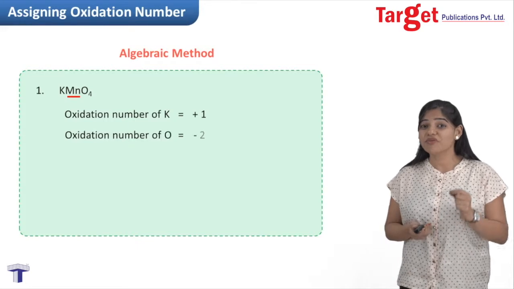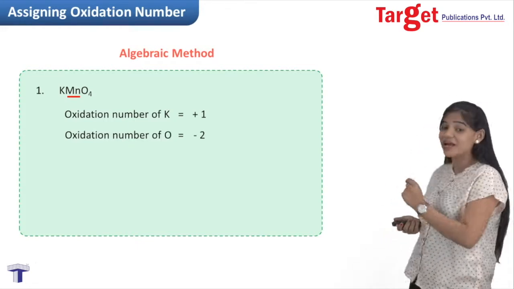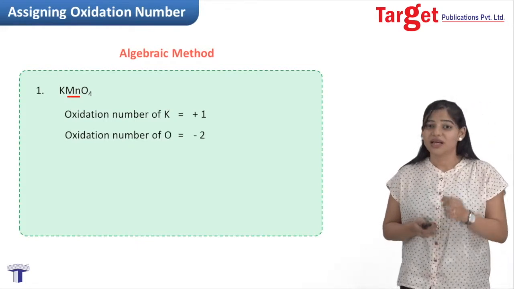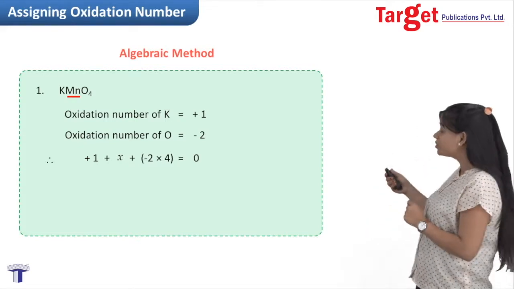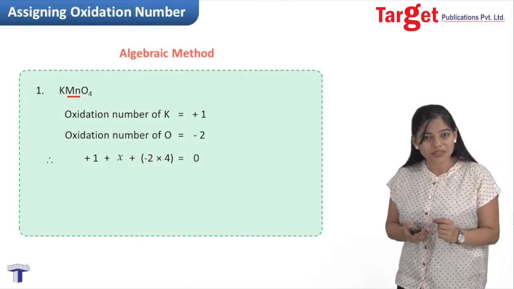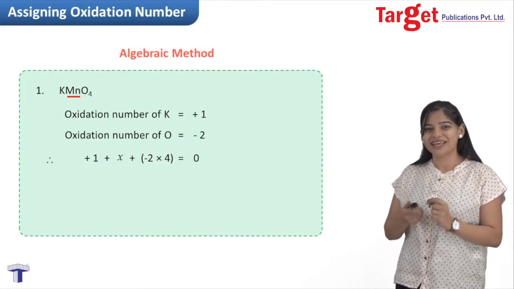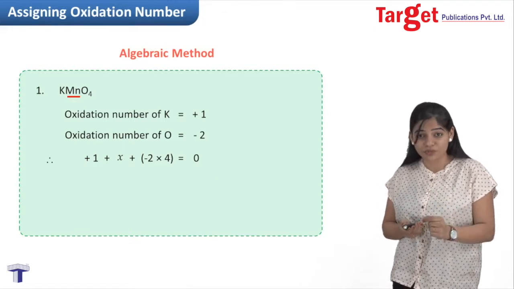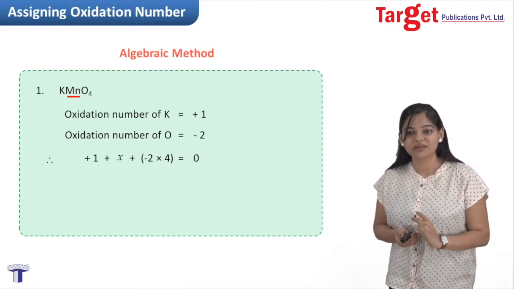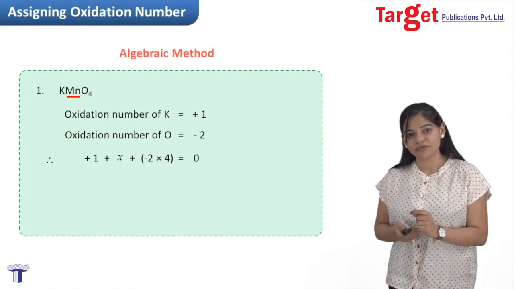The oxidation number of oxygen is -2 as in its oxide form. And let the oxidation number of manganese be X. So potassium is +1, manganese we take as X as we don't know the oxidation number, and oxygen is -2. Since there are 4 oxygen atoms, we multiply -2 with 4.